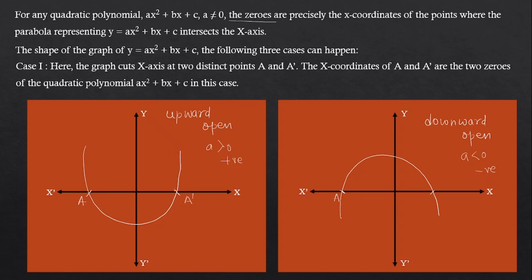For this downward opening parabola, let us assume that this point is (minus 1, 0) and this point is (1, 0). So we can say that for this downward opening parabola, the zeros will be minus 1 and 1.